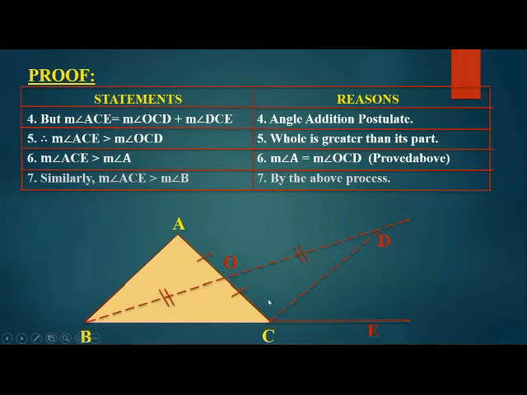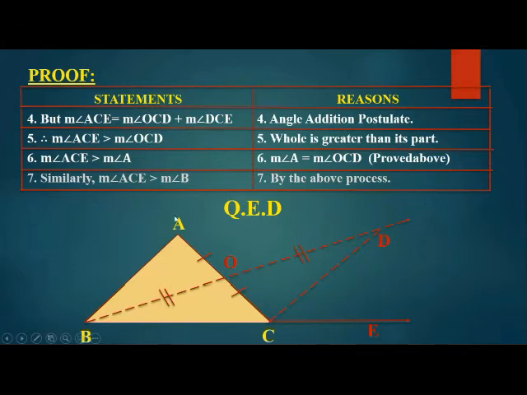What does it mean? It means that there are two angles, OCD and DCE, which make up ACE. Clear? They both together are making angle ACE, so their sum would be equal to angle ACE.